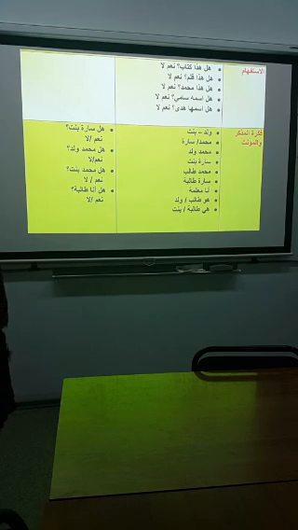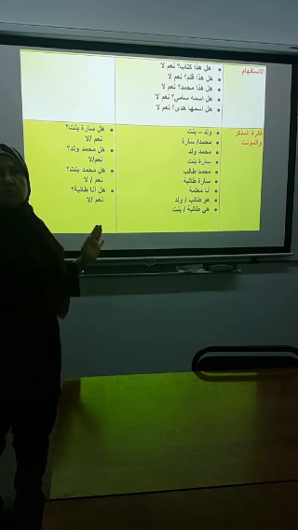Okay, so the idea of masculine and feminine, how do we teach them, especially in languages that do not have gender, like English? They don't have gender in English. But in Arabic we have gender, in French, in German, in Spanish, in Russian, there is gender. In Turkish there is no gender. In Malay there is no gender.